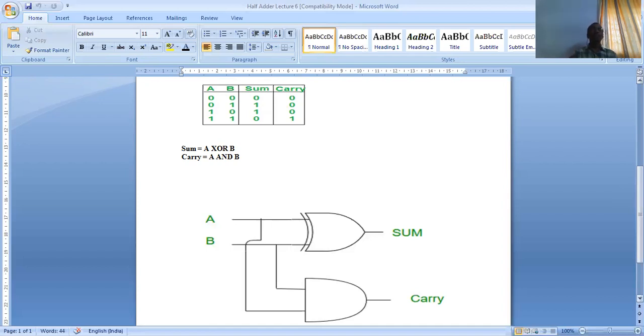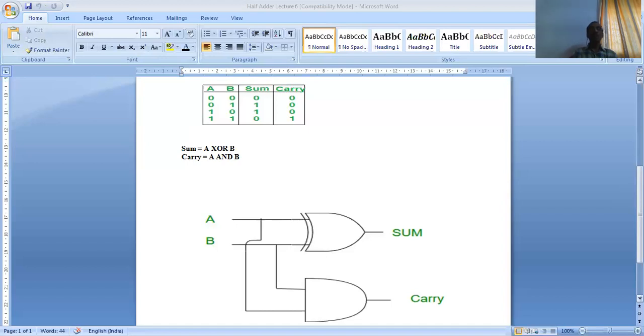Second step, when A equal to 0, B equal to 1, the output of upper XOR gate is 1, the sum equal to 1. Next, when A equal to 0, B equal to 1, the output of lower AND gate is 0.